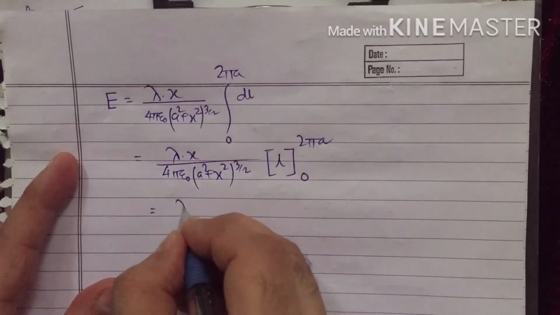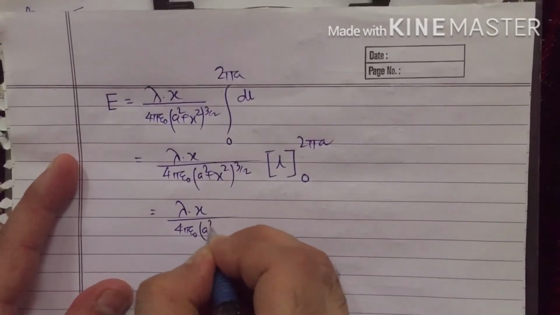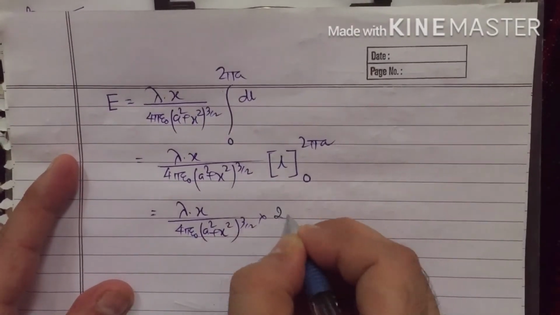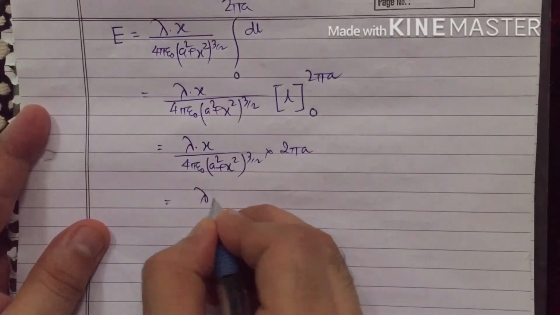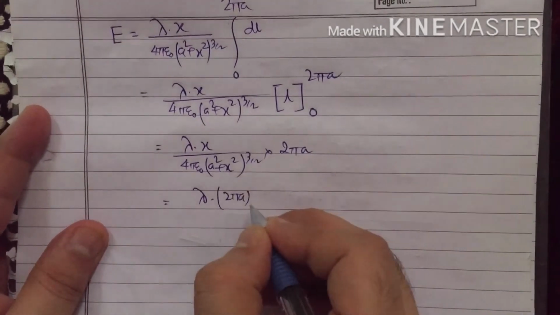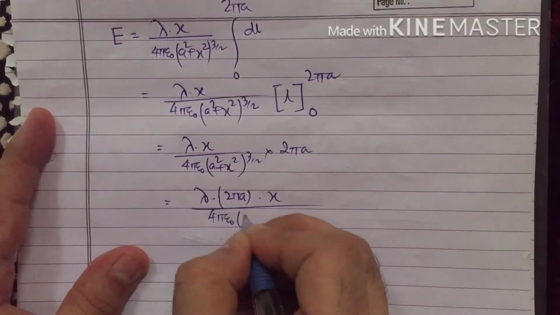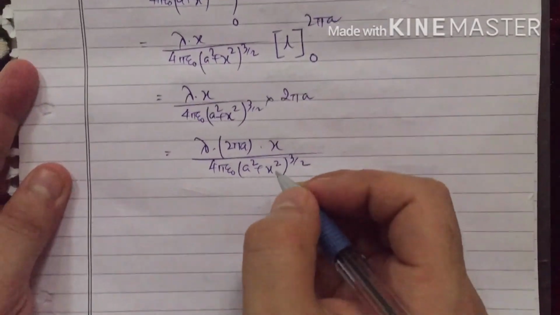This becomes lambda into x divided by 4 pi epsilon naught a square plus x square to the power 3 by 2 into 2 pi a. Therefore lambda into 2 pi a into x whole divided by 4 pi epsilon naught a square plus x square to the power 3 by 2.